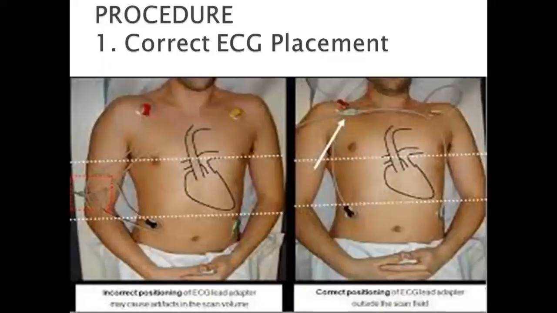So here is an image to help us understand what I'm trying to put across. Basically, you've got 4 electrodes for your ECG, 2 superior and 2 inferior. The 2 superior should be placed in the right and left mid-clavicular planes, right inferior to the clavicle.